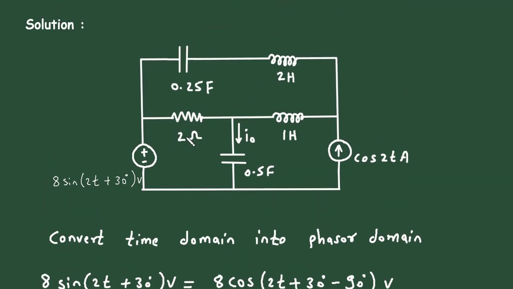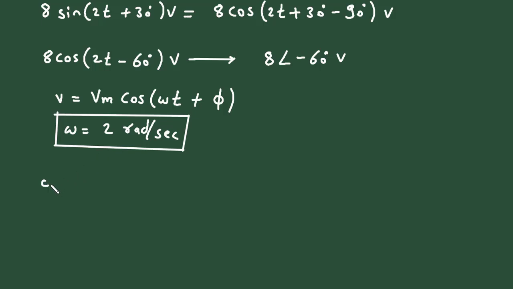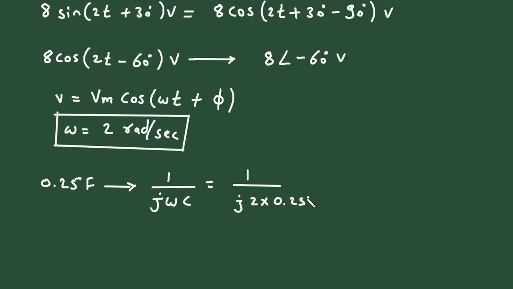Now, next, this 2 ohm will remain same. Then the 0.25 farad will change to 1 upon j omega C. So, 1 upon j into omega value is 2 into capacitance value is 0.25.